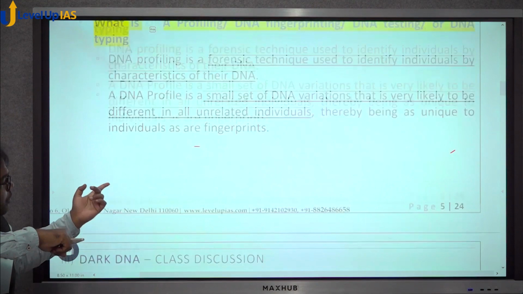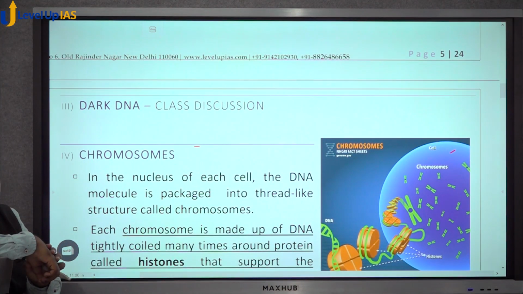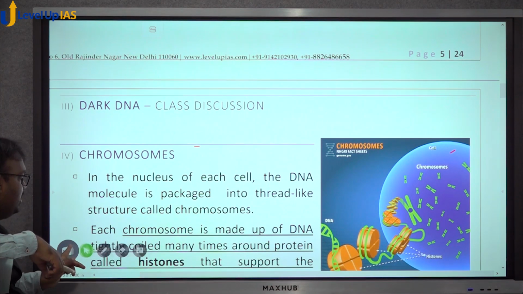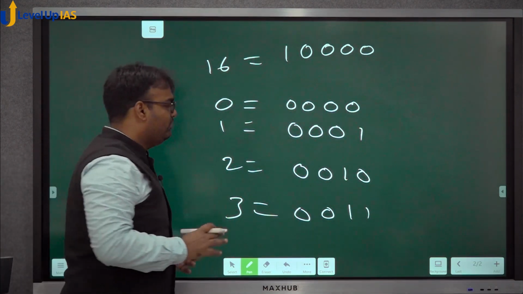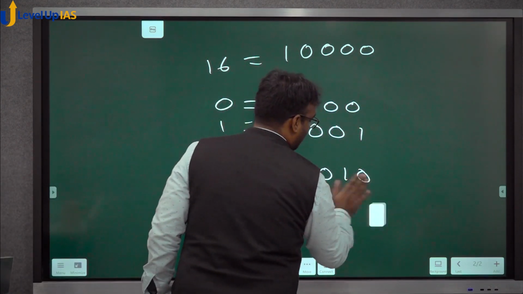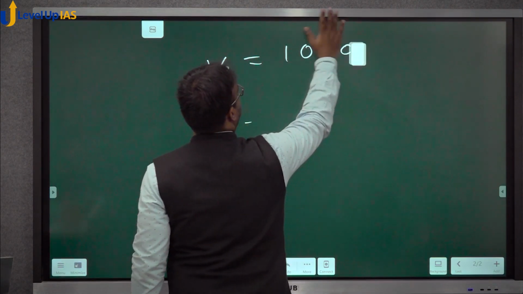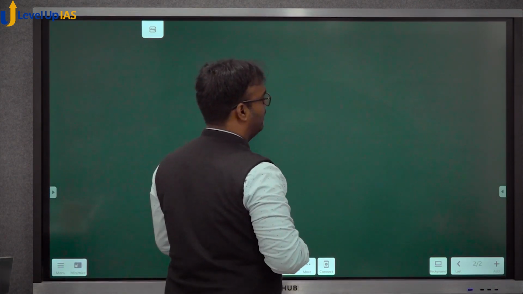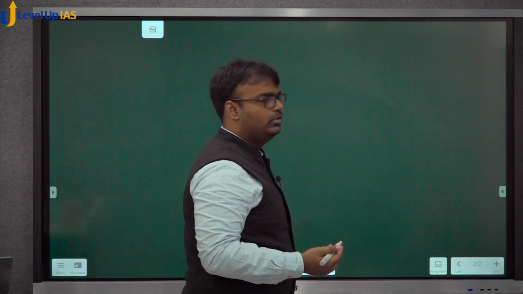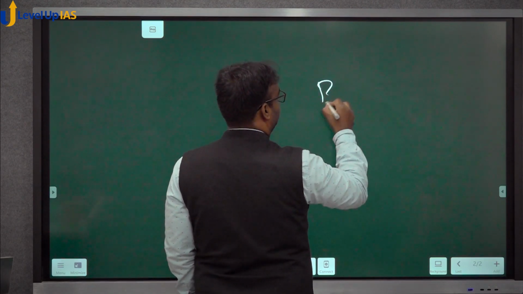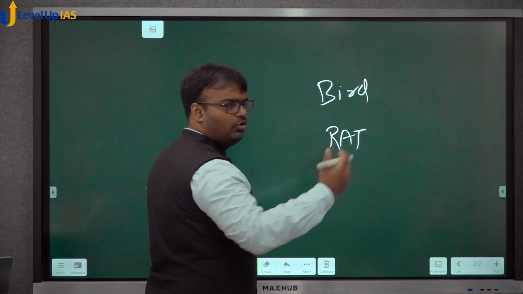Okay, now let's understand what dark DNA is. What is dark DNA? Dark DNA was something that was in the news last year. So while studying DNA, we'll also briefly look at dark DNA. What scientists found recently was this. They did gene mapping of a particular bird or rat and some other organisms.